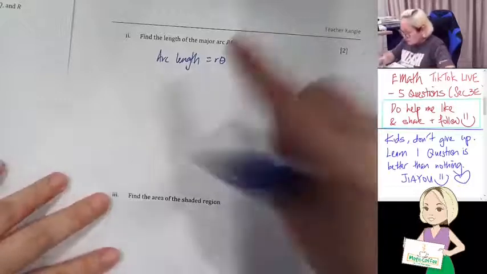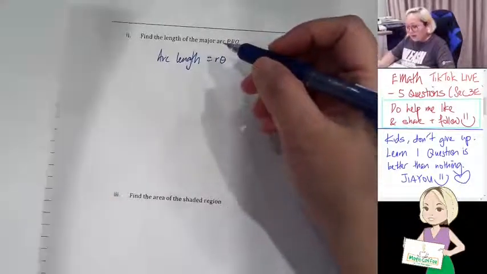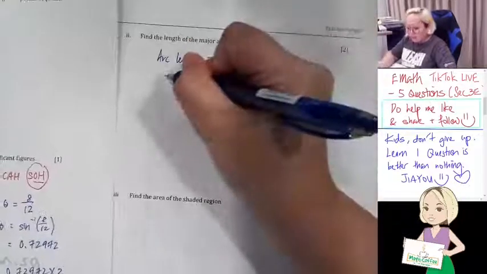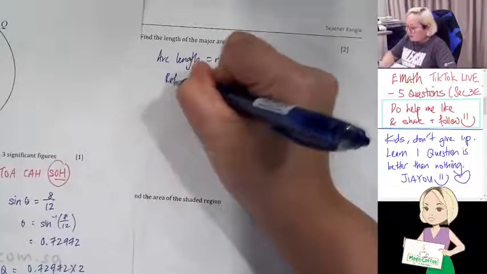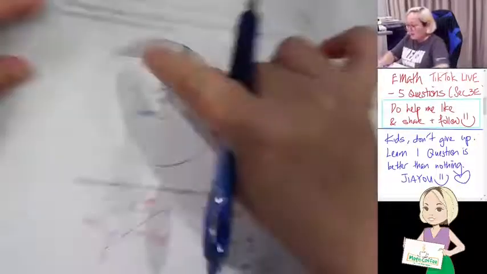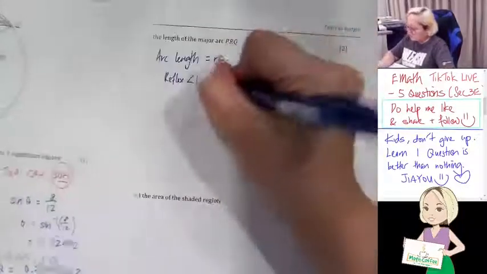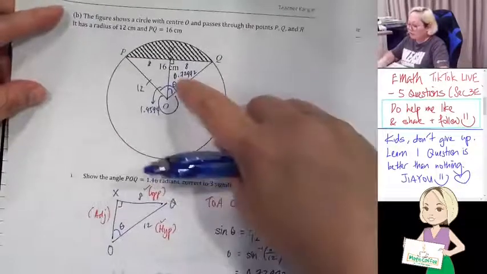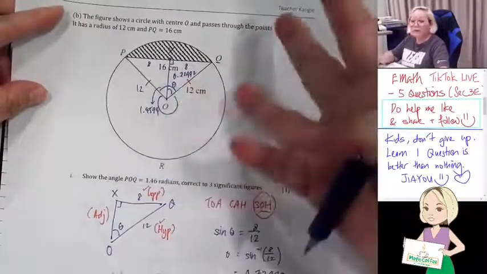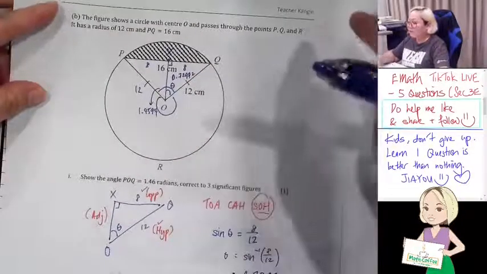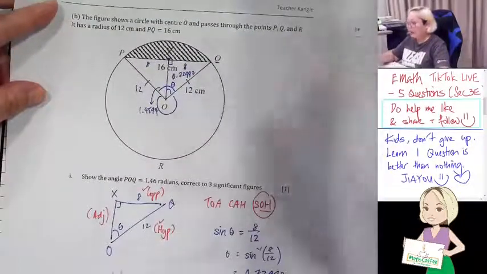So what I'm going to do is find my arc length, but of course I haven't found this angle, right? So I will say reflex angle POQ. In terms of degrees, you will take 360 degrees minus this, correct? But this is radian, so you must know that equivalent to 360 degrees, the radian is 2 pi.